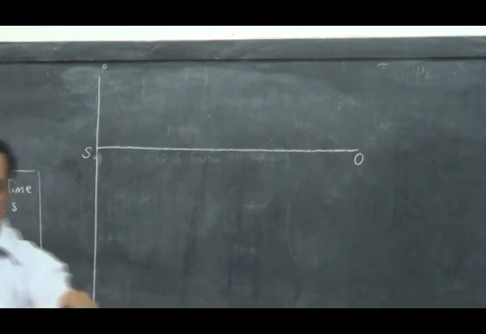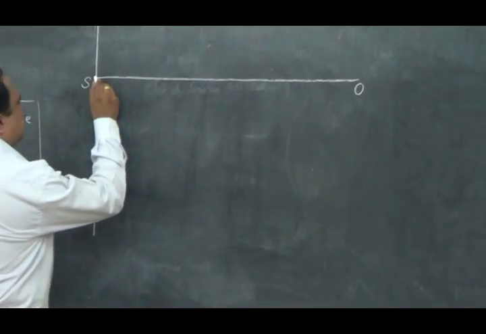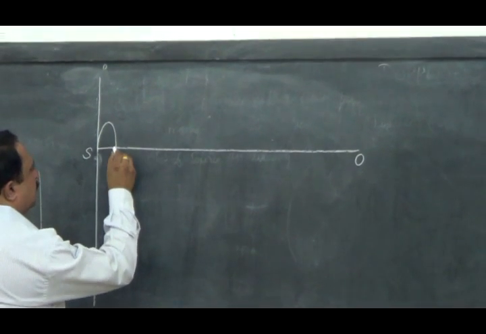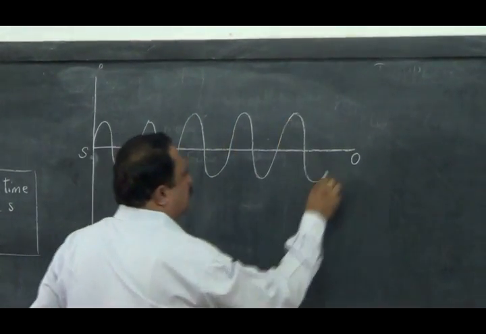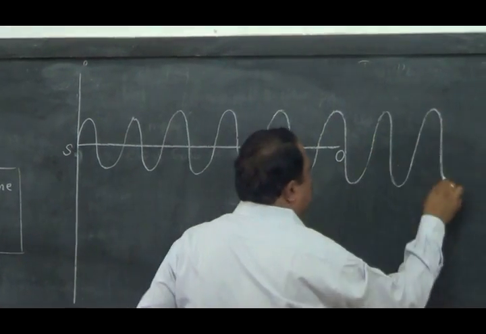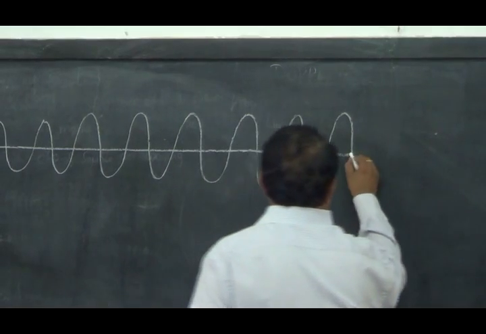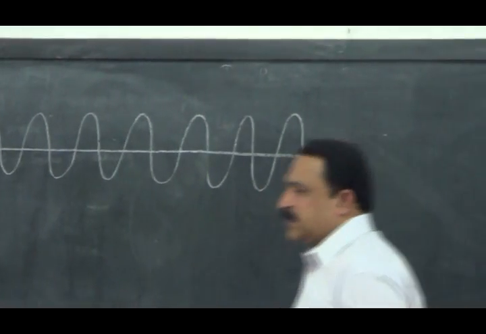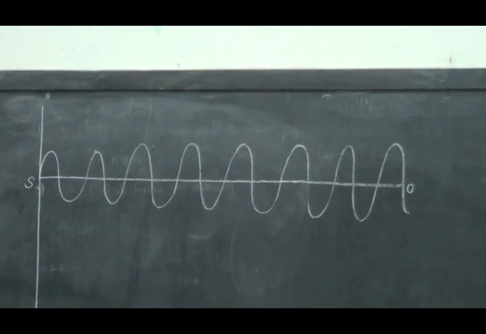Now it blows the horn so that it wants to move. When it blows the horn, the waves will start moving towards and reaches the observer.